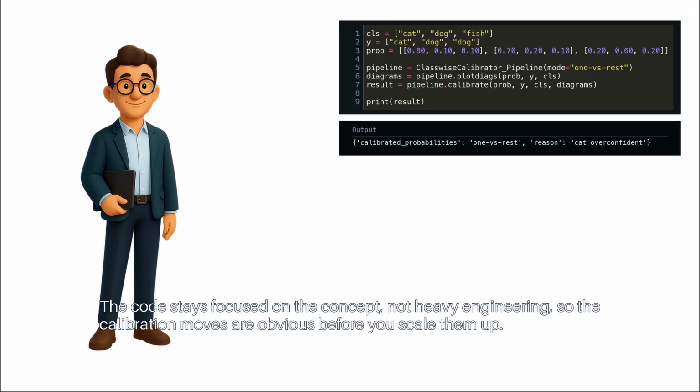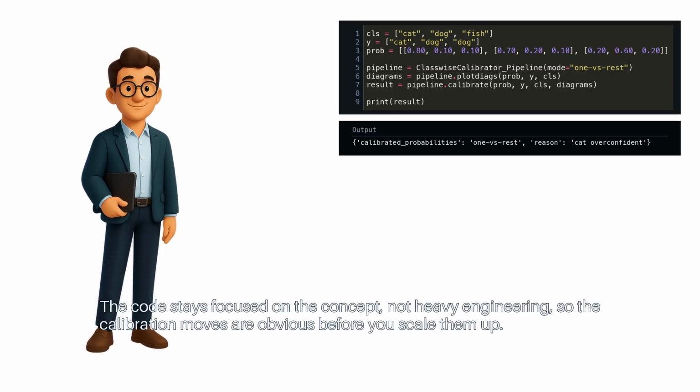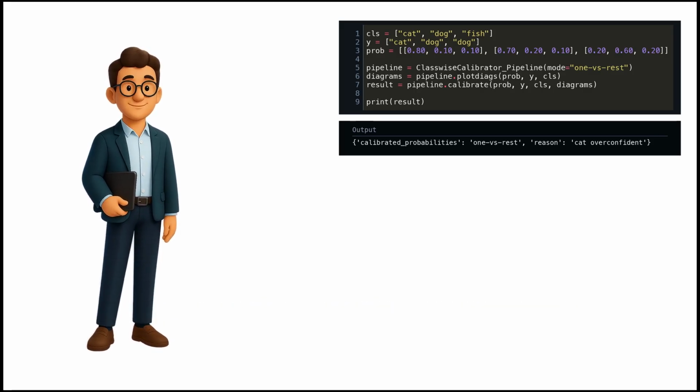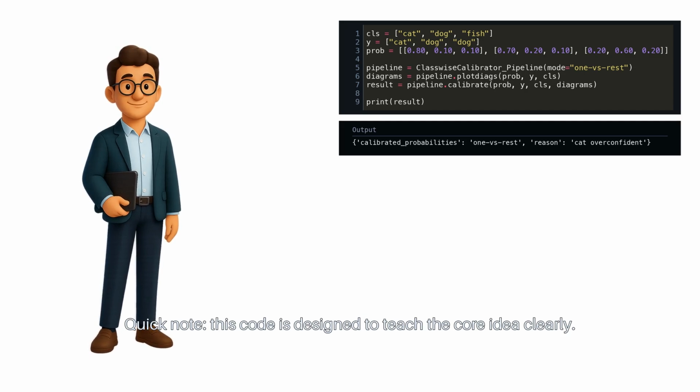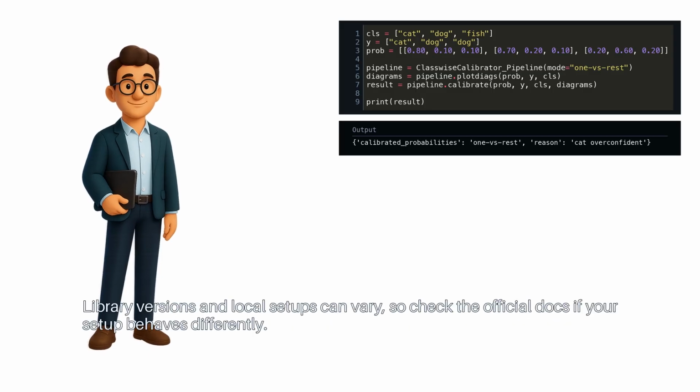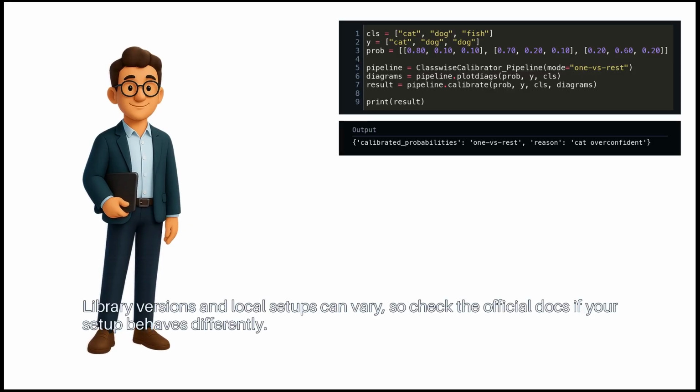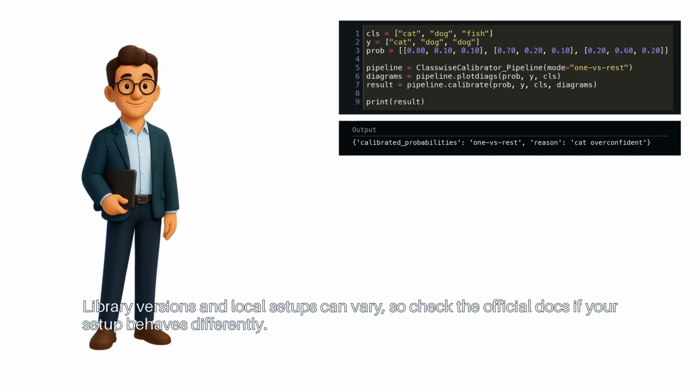The code stays focused on the concept, not heavy engineering, so the calibration moves are obvious before you scale them up. Quick note, this code is designed to teach the core idea clearly. Library versions and local setups can vary, so check the official docs if your setup behaves differently.